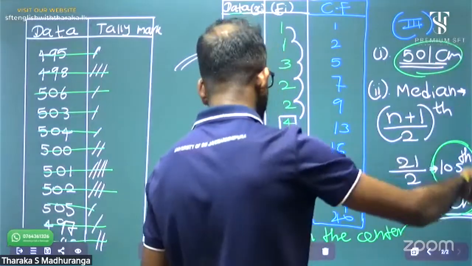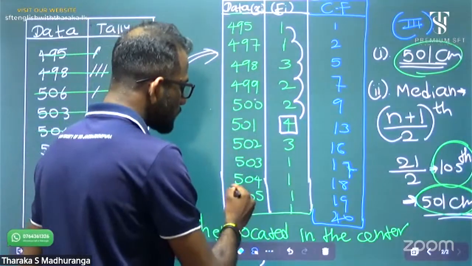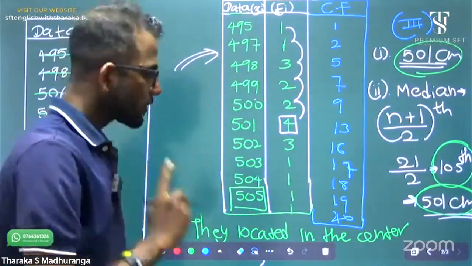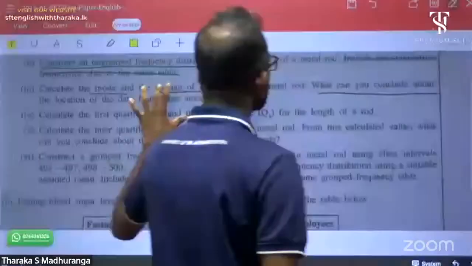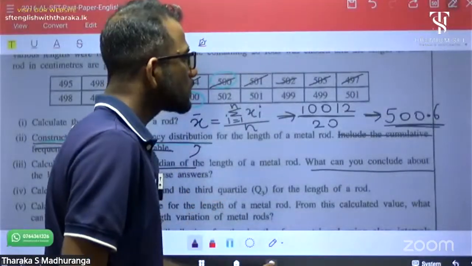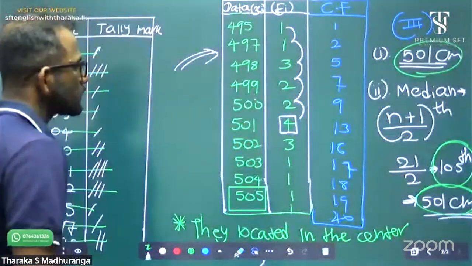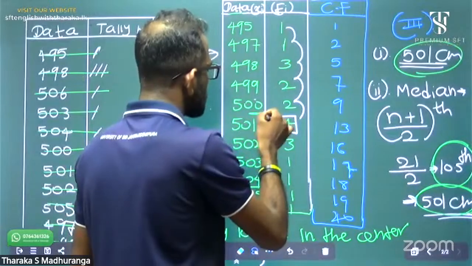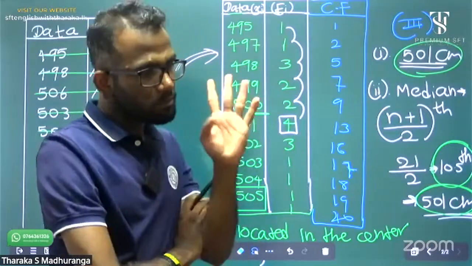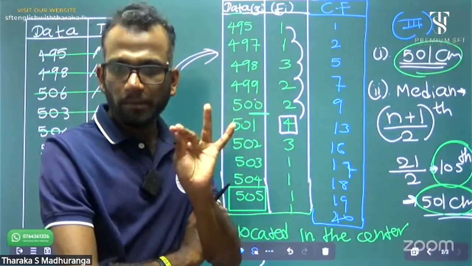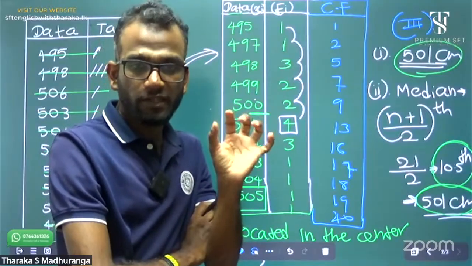Mode and median are the same value. The mean value was 500.6. It is very close, between 500 and 501. That's why I told you there are three measurements: mode, median, and mean. They are the measurements that explain central tendency.